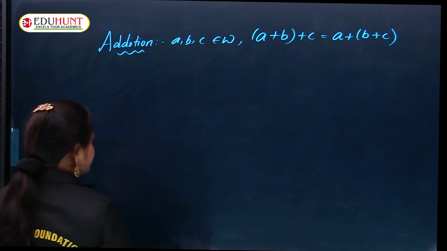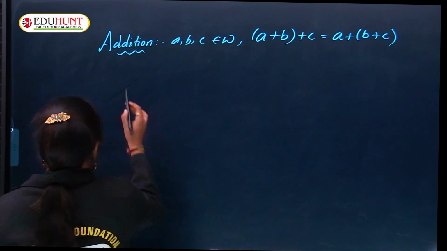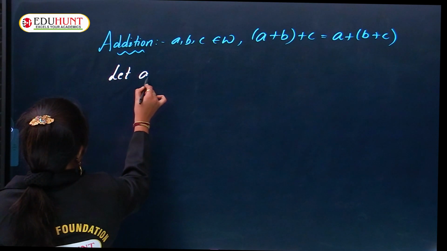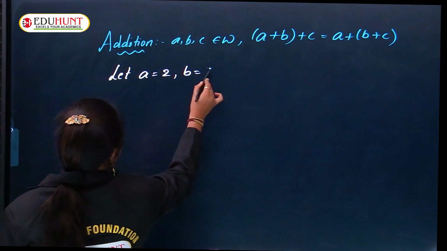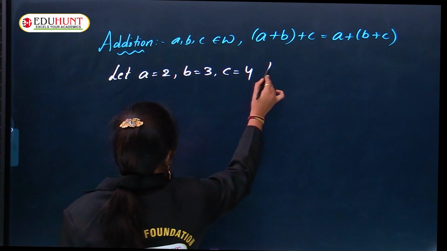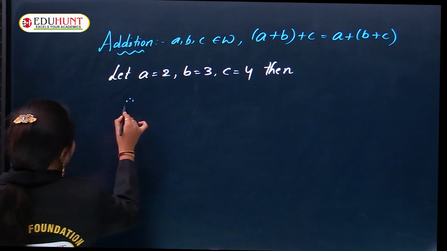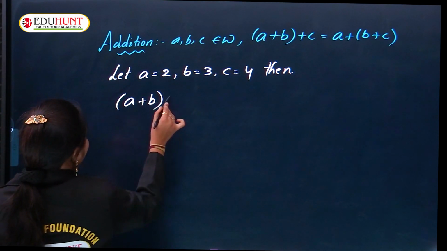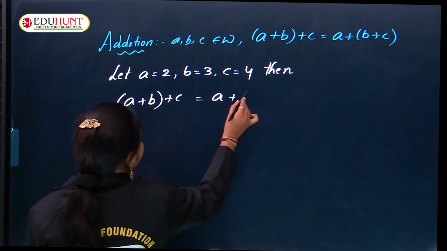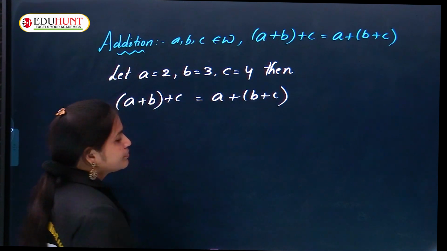Now check whether this is satisfied. Let A equal 2, B equal 3, C equal 4. Then (A plus B) plus C equals A plus (B plus C), yes or no?